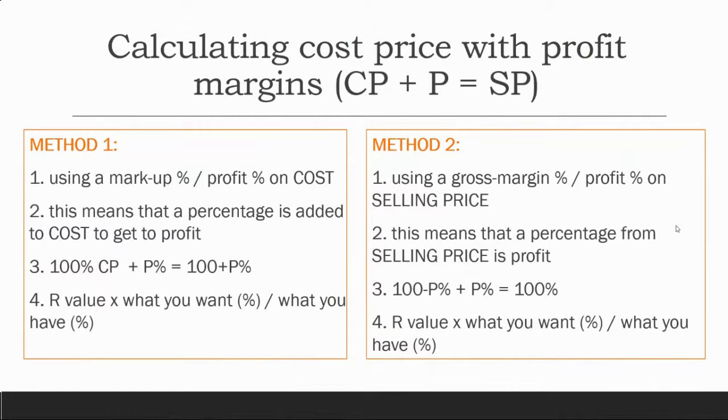The next concept that a lot of students struggle with is the markup percentages. Now, there are two methods in which you can calculate your markups. The one is on cost, the other one is on selling price, or the gross margin percentage. Why is this important?